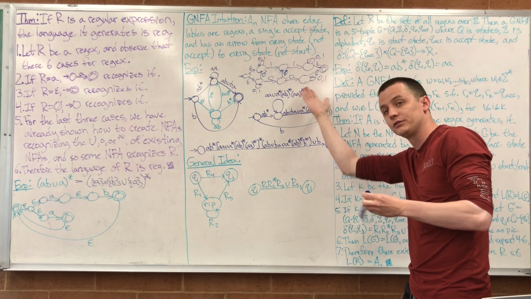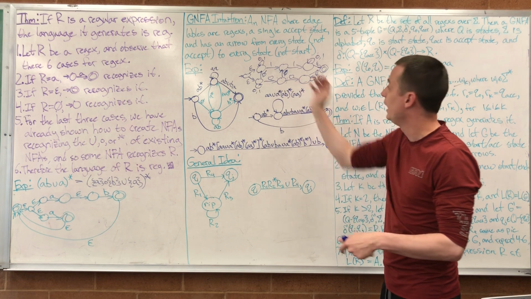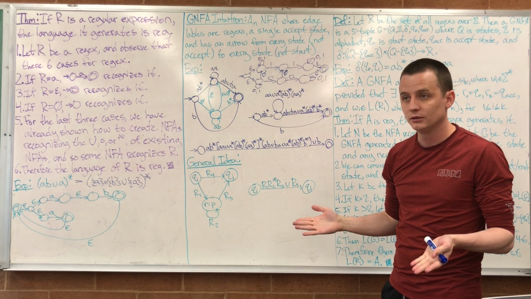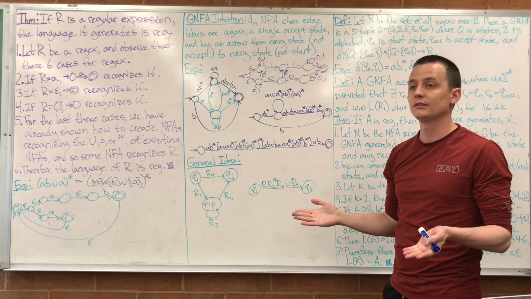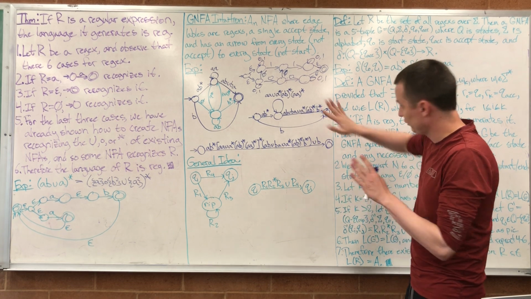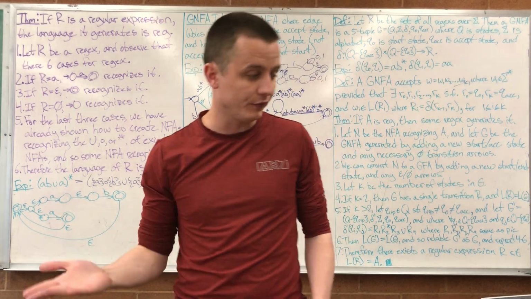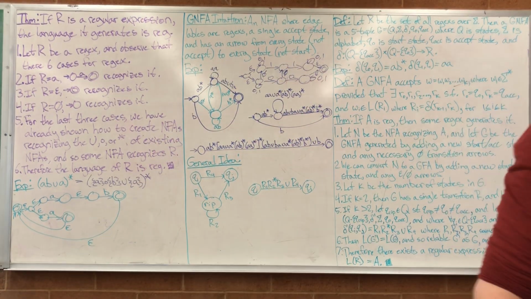Notice that 0 by itself is a regular expression, 1 by itself is a regular expression, the empty string by itself is a regular expression, the empty set by itself is a regular expression. Make sense? So it's real trivial to convert any NFA into a GNFA.